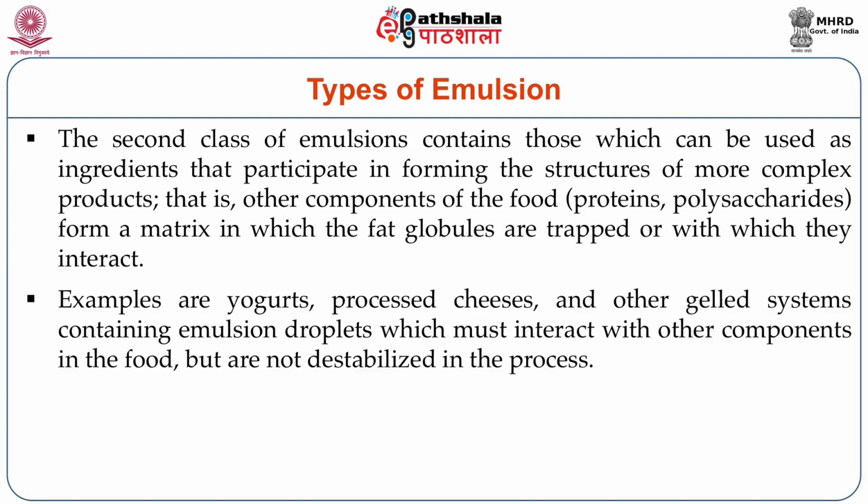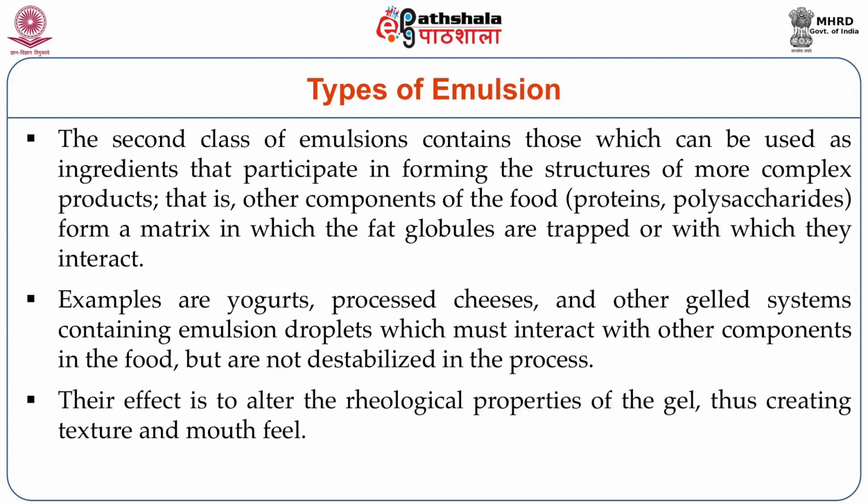Examples of this second class are yogurts, processed cheeses, and different kinds of gelled food products, which contain emulsion droplets that interact with other components in the food but are not destabilized in the process. Their effect is usually to alter the rheological properties of the gel, and therefore they create a desirable texture as well as mouthfeel.